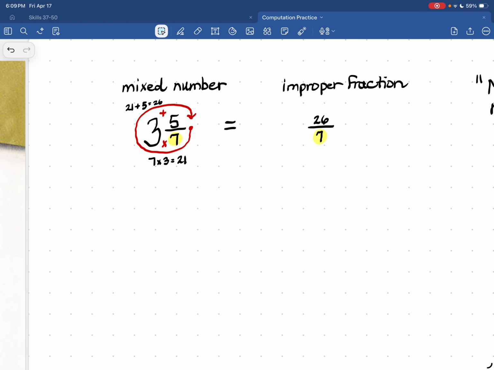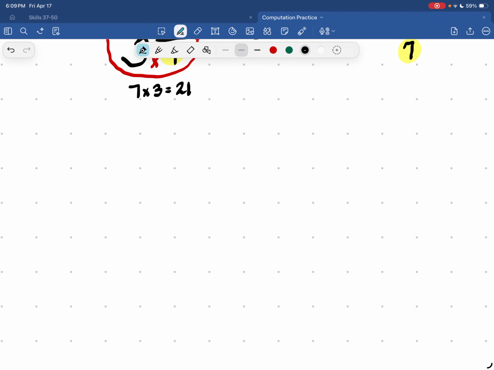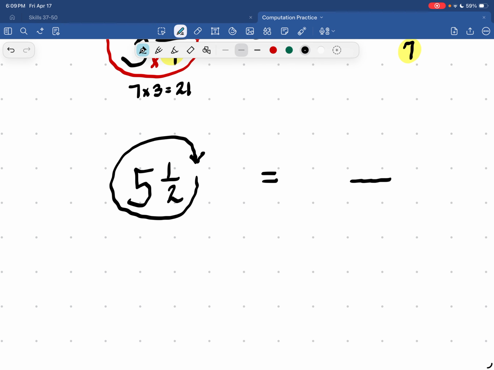Let's do another one. Let's do 5 1/2. And I want to know its improper fraction. So we're going to start, draw the circle, multiply, add, denominator.